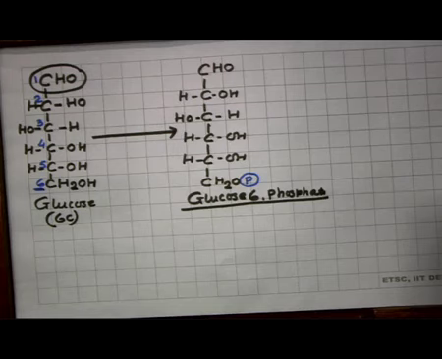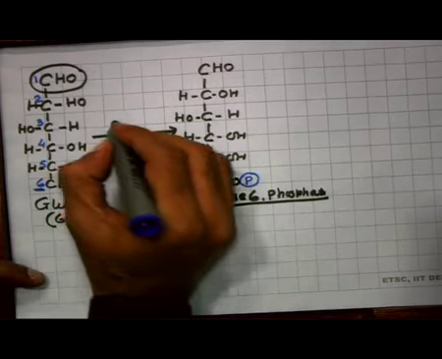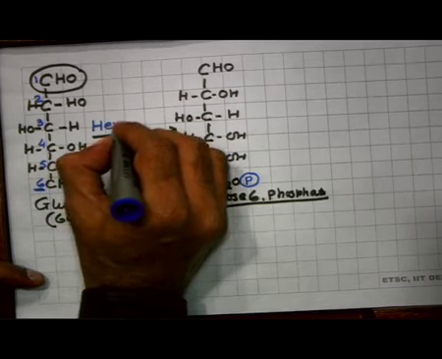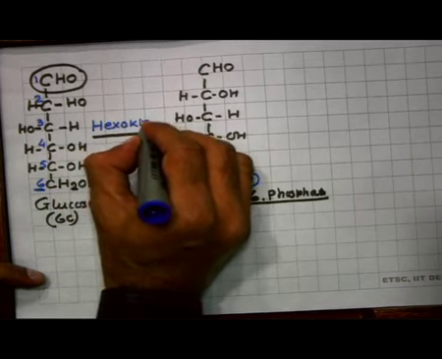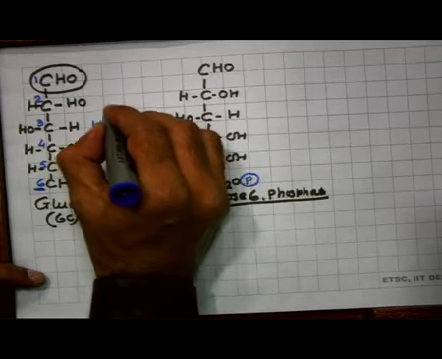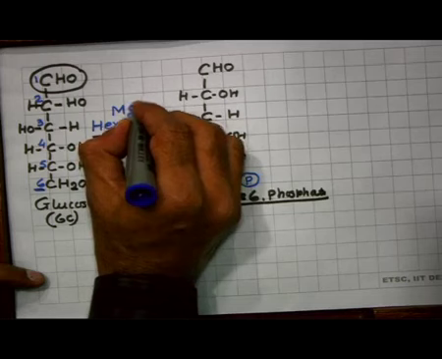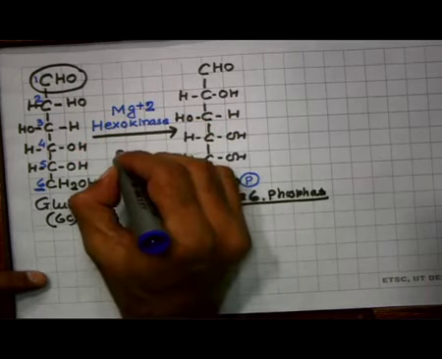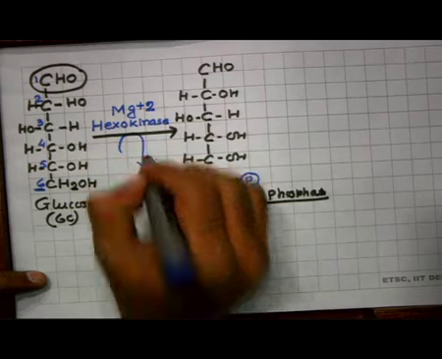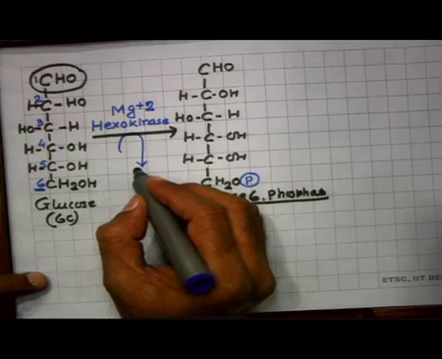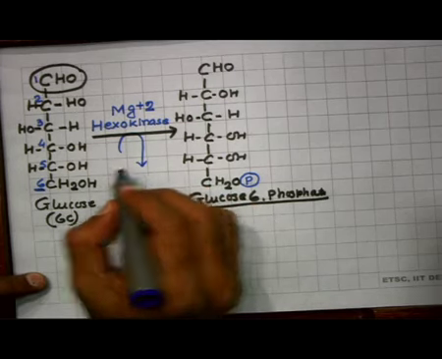So, this is the structure of glucose 6 phosphate. For this reaction, the cell requires the enzyme hexokinase and Mg2+. In this reaction, the ATP which we already discussed acts as an energy currency. Here energy is needed.